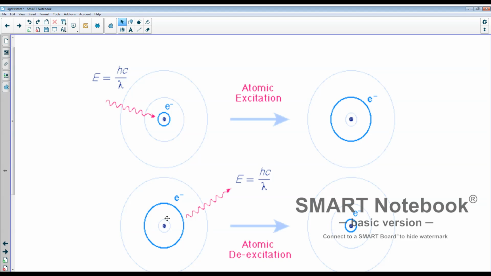Now, if it's a very large transition from a very low energy to a very high energy, that will be a very high energy particle of light that's emitted. And this is called a photon. Photon meaning photo particle or light particle that's being produced here. So this is how elements produce light sort of on their own with excitation there.